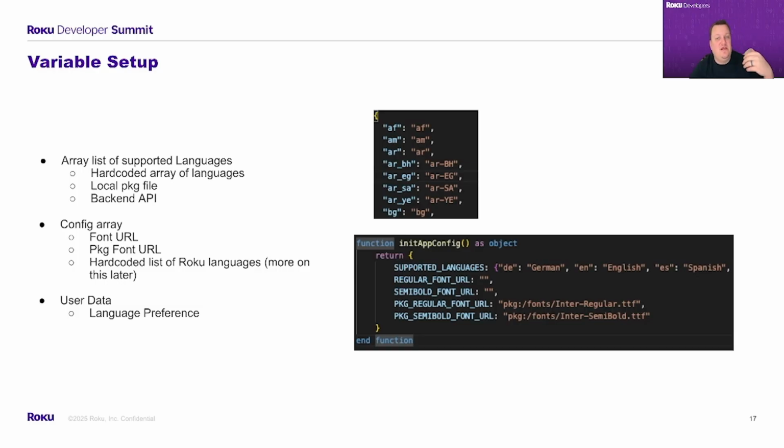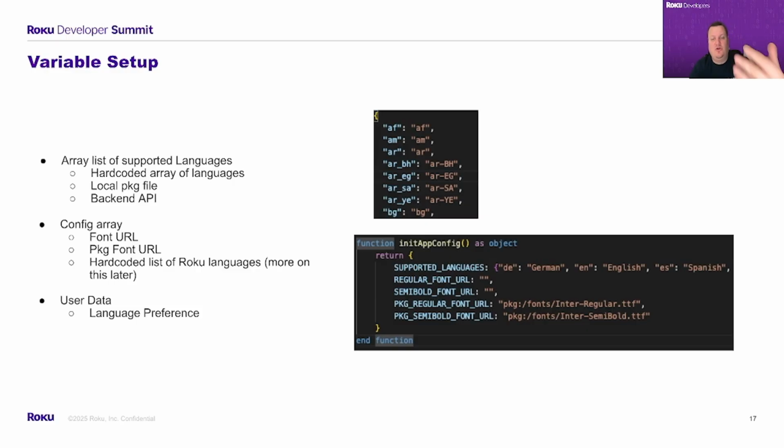Maybe you call out to the backend API to get that list. Maybe it is hard-coded in a JSON file in your package, or it's just a hard-coded array in the app config. However you choose to set that up, for our needs at Front Row, we have a backend API call that we make to grab the list of supported languages for a channel. And since we deal with multiple creator channels, each channel is going to have a different list of supported languages.